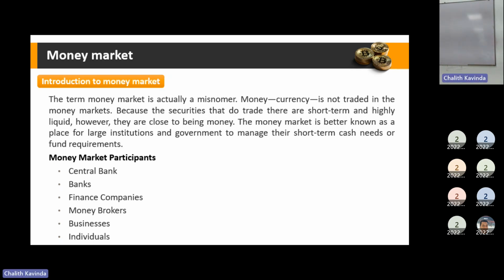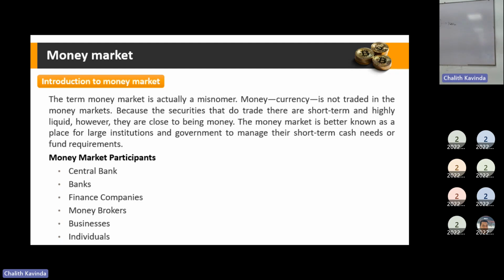Any idea about the commercial paper market? Particular companies can issue a particular financial instrument to the public.